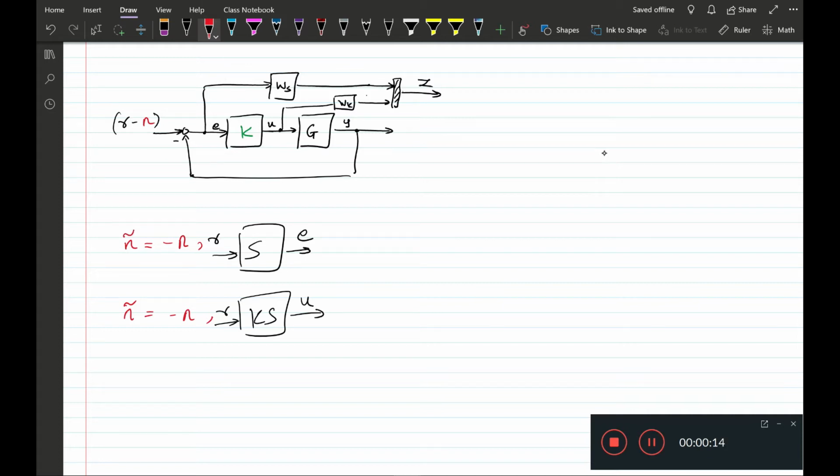This is especially not important if you have zero mean noise, which would then have the same transfer functions from N tilde to E and N tilde to U as S and Ks.